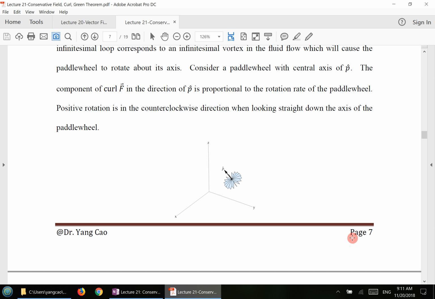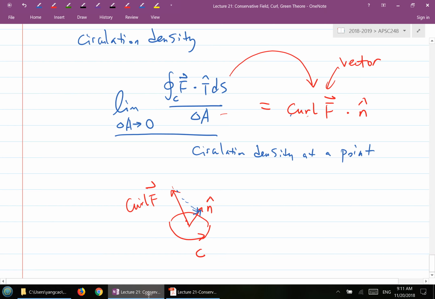So when you have a wind flow, there is this maximum wind speed in a certain direction. And this paddle wheel vector here is basically the N vector. When you orient it in a different direction, you have a different N vector.